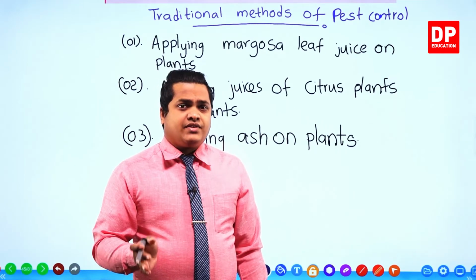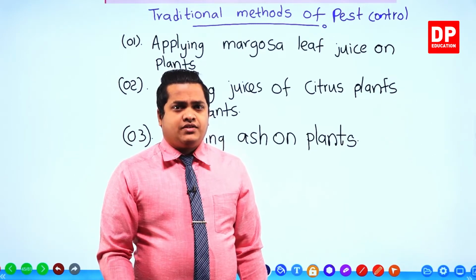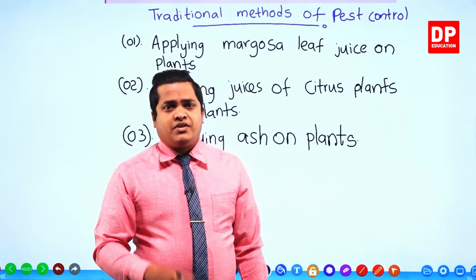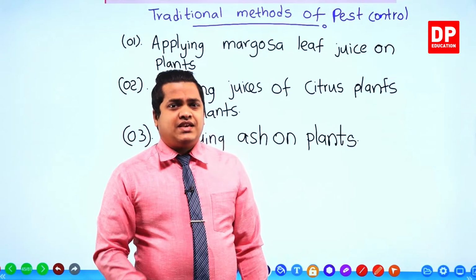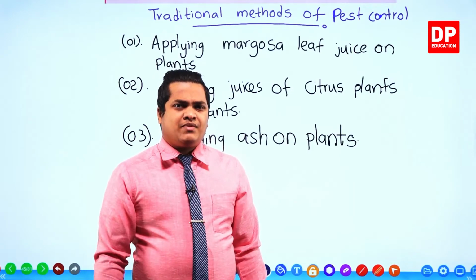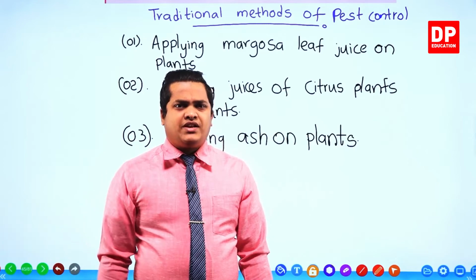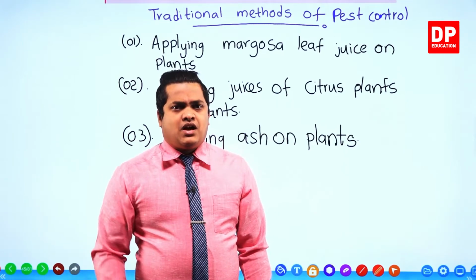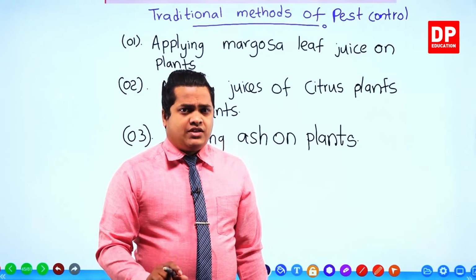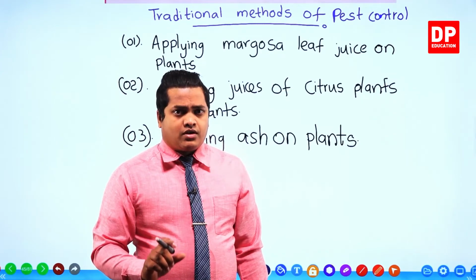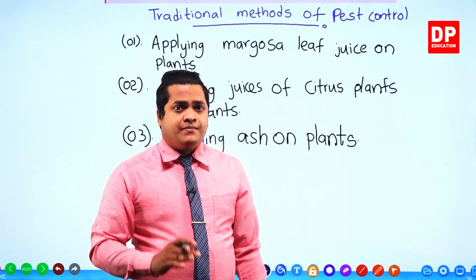There are certain other kinds of substances that we need to dissolve in it. So these things are pretty hard, meaning not as easy as these methods. These things are pretty easy. You just take the leaves, crush them, take the juice and spread it. Very simple. However, those things are different. We have to check the amount of agrochemical which is added, then the amount of water and so on.